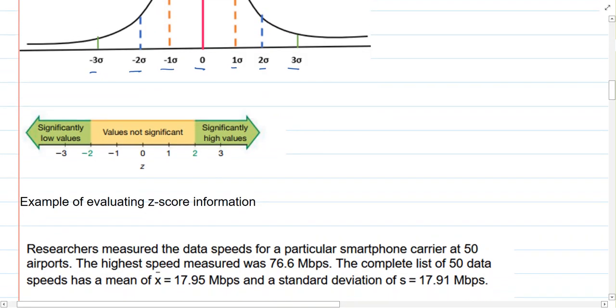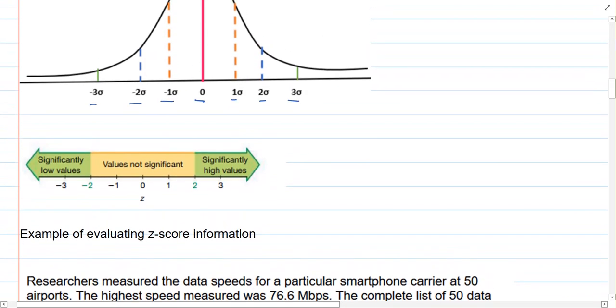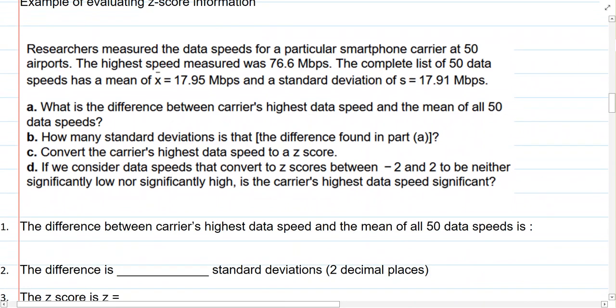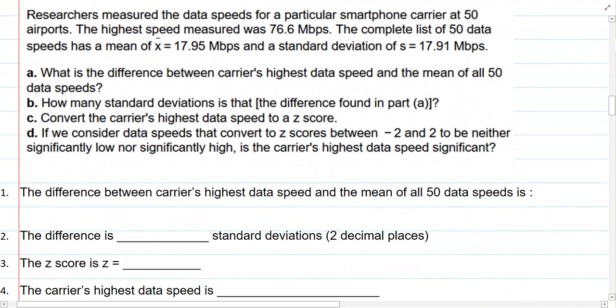And here is what we've done in multiple exercises, is to find the 2 standard deviations around the mean, values not significant, so we can identify which areas are significant, significantly low or significantly high. So we're going to do some examples of this, and nothing difficult. Primarily, it is easy to go.